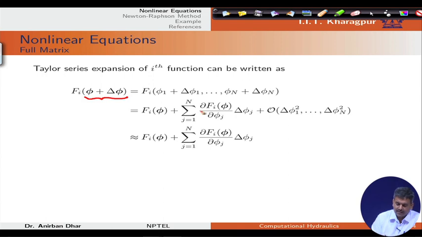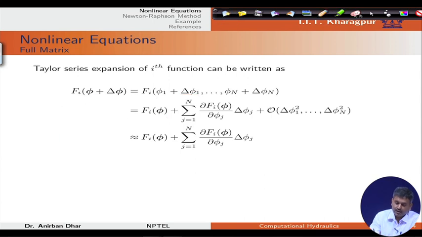Now, in this case, if we give increment del phi 1 to phi 1 and del phi n to phi n, we can write this expression in terms of f_i(phi). f_i(phi) is necessarily a function of phi 1, phi 2 up to phi n.